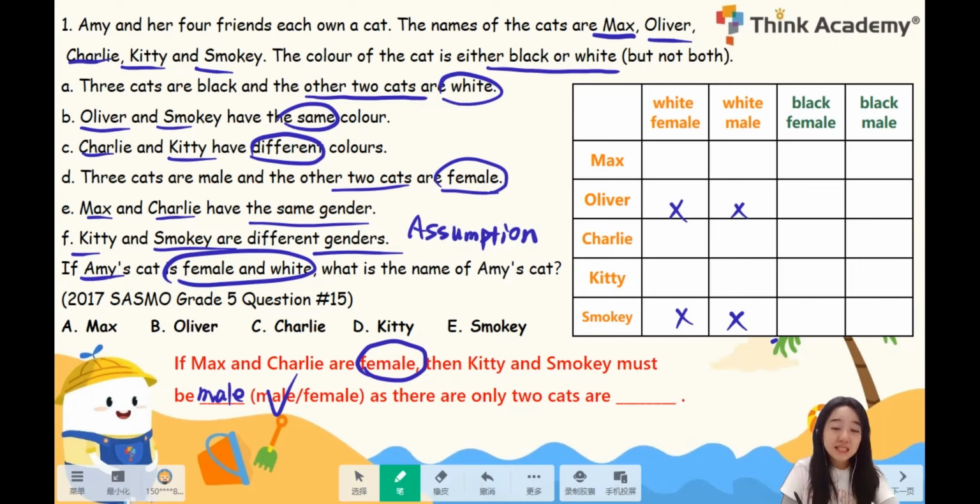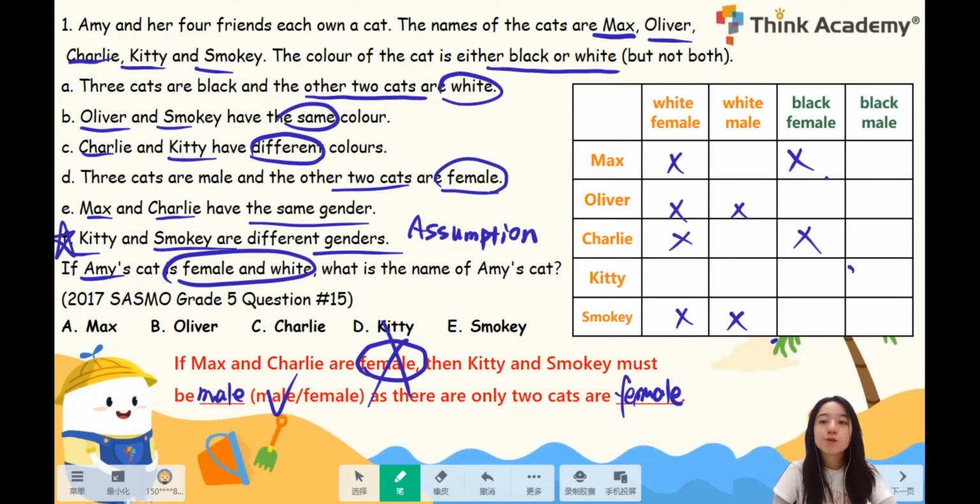Then, if so, Kitty and Smokey are both male, which is contradictory to the last condition. We know they are different genders. If so, that means the assumption is wrong. In other words, Max is not female and Charlie is not female. So we can cross out these 2 boxes.